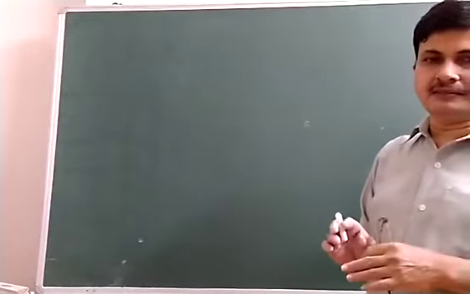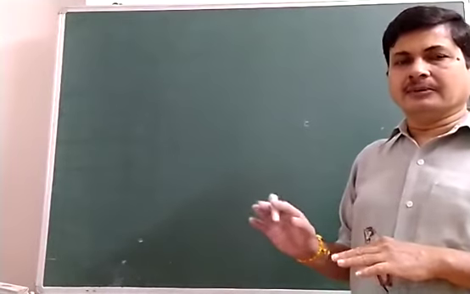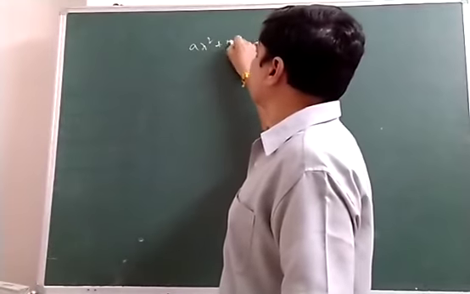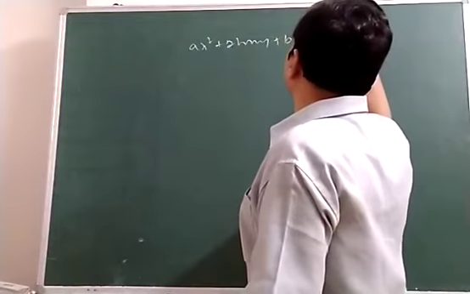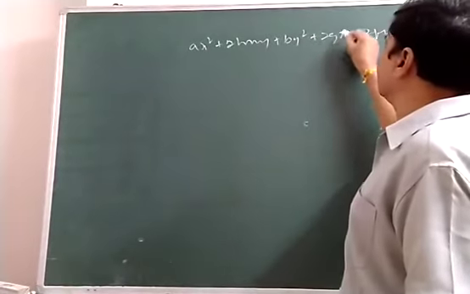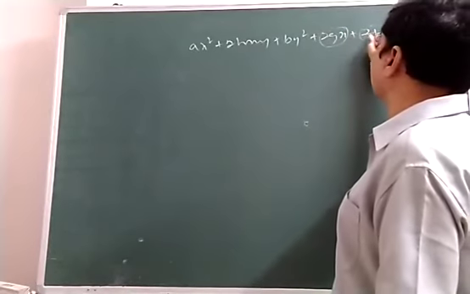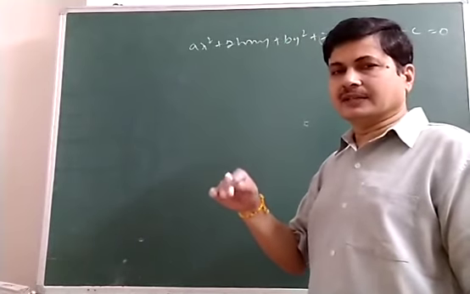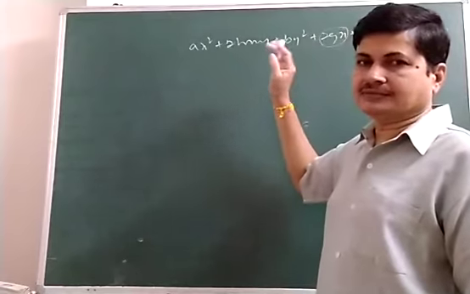First degree terms means x terms and y terms are eliminated from the given equation ax square plus 2hxy plus by square plus 2gx plus 2fy plus c equal to 0. In this equation, if we want to remove the first degree terms, that means the x term and y term, the origin is shifted to any other point. That is the use of translating the axis.